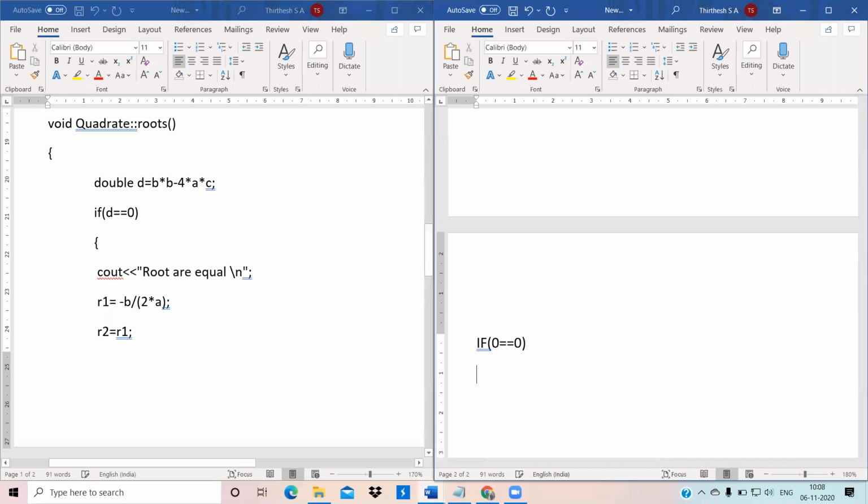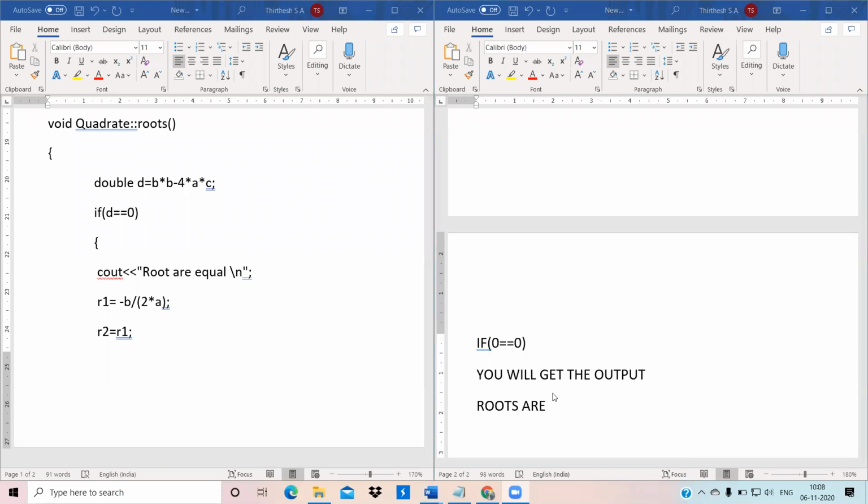What output are you going to get? You will get the output: roots are equal.